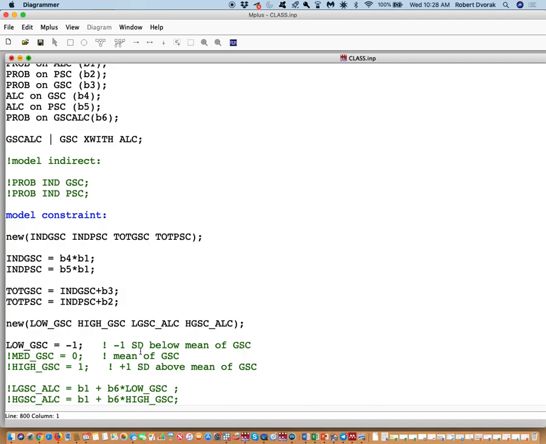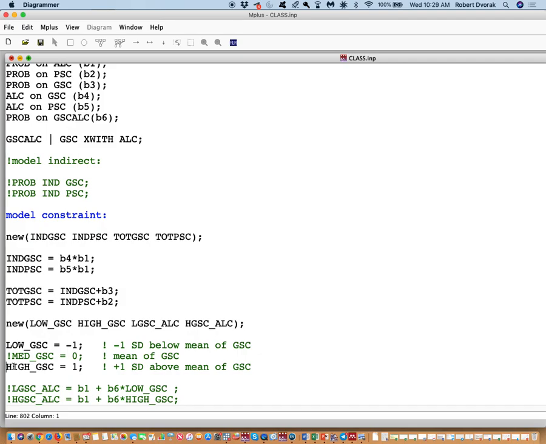And all this is doing is allowing us to do what we did before in the define statement. We don't need to do medium good self-control equals 0 because this is a latent variable and it already has a mean of 0 and a standard deviation of 1. Then we're going to do high good self-control equals 1.